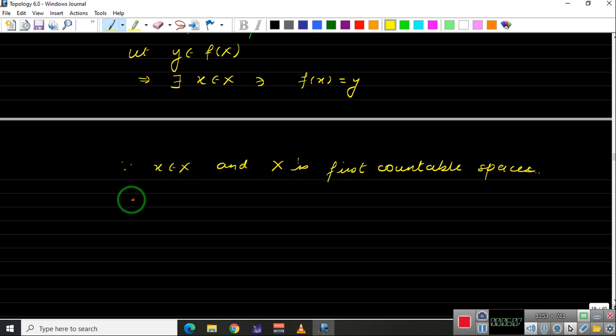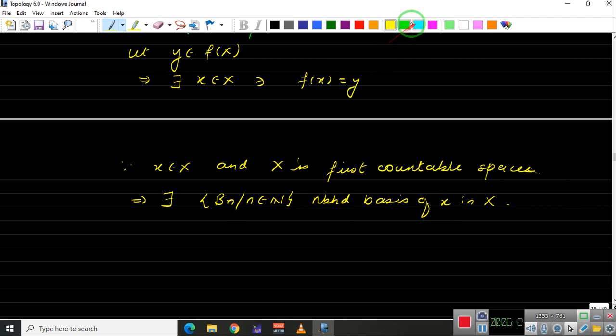This implies there exists a neighborhood basis B_n, n belongs to the natural numbers, that is a neighborhood basis of x in X. Now from this neighborhood basis of x, we will get the neighborhood basis for f(x), that is y.